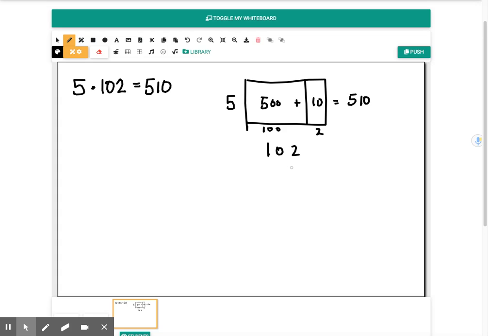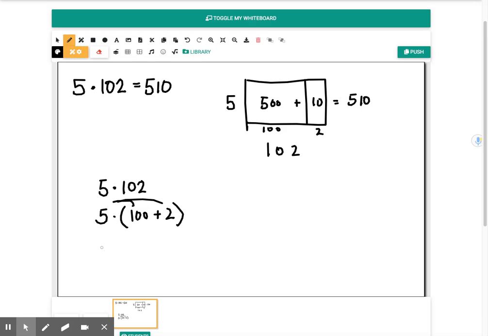Now, what does that look like numerically? So let's look at 5 times 102 again. What I did was I took 102 and broke it down, because I'm still multiplying, but to 100 plus 2. And I grouped them together because I know that I have to multiply 5 by 100, 5 by 2.